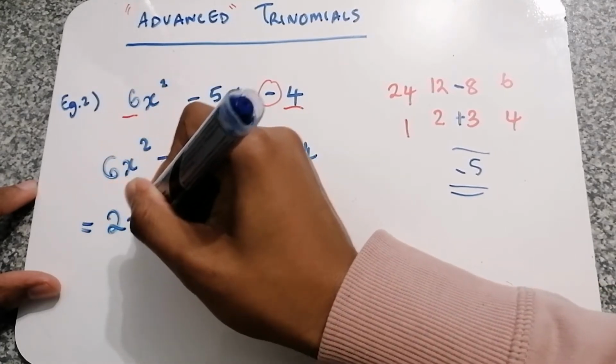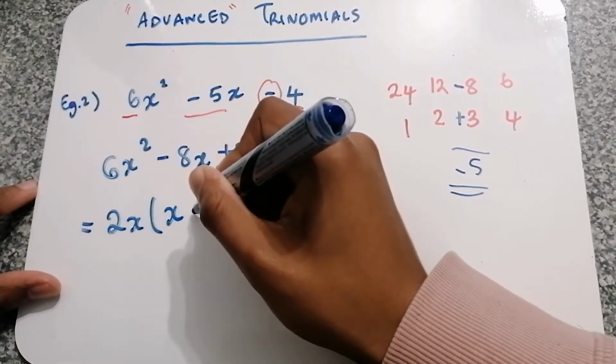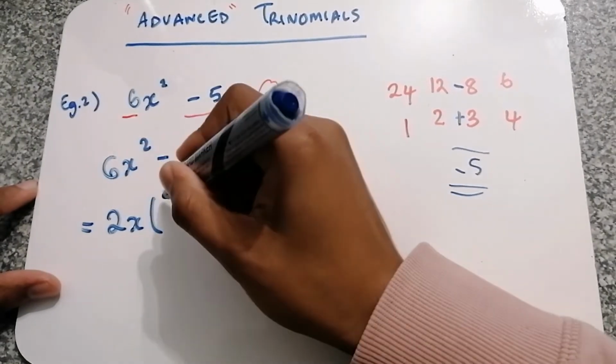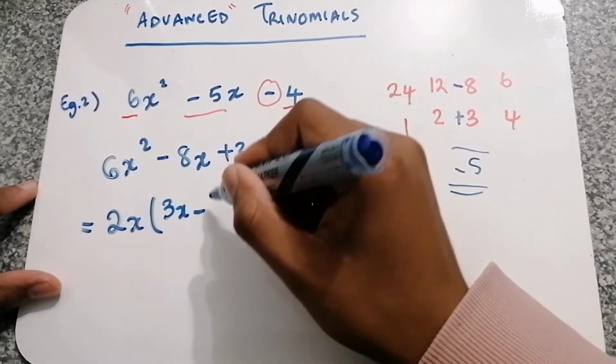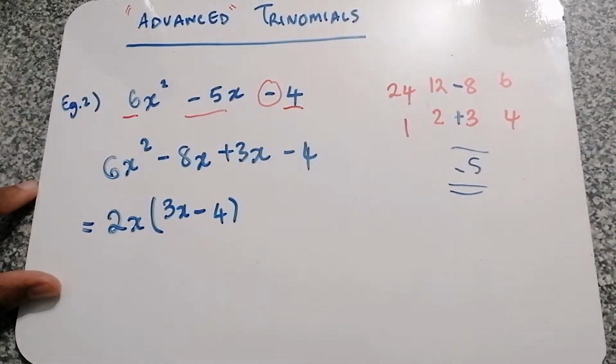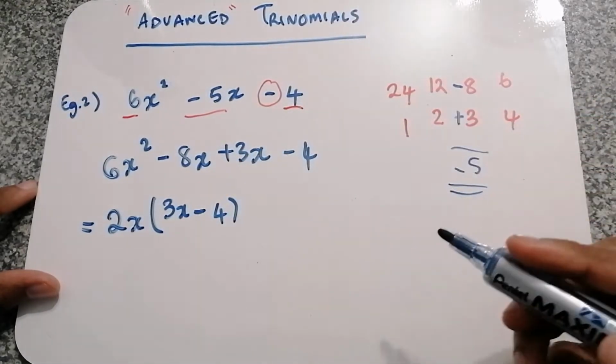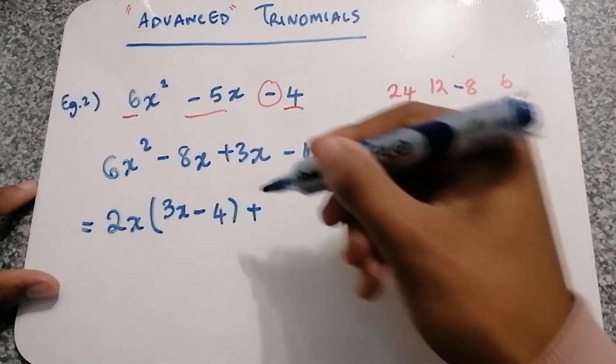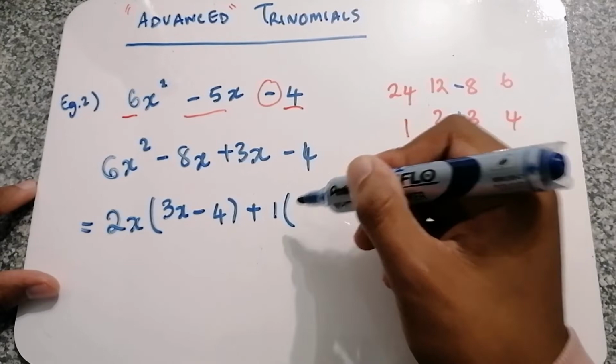So if you take out the common factor of 2x, you are left with 3x minus 4. Okay, and the last two terms, you can't really take out a common factor because there's no common factor other than 1. So I guess let's just factor out 1.